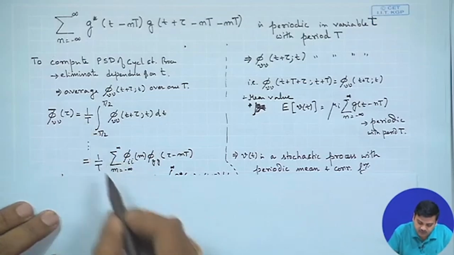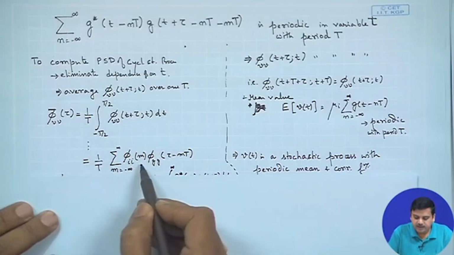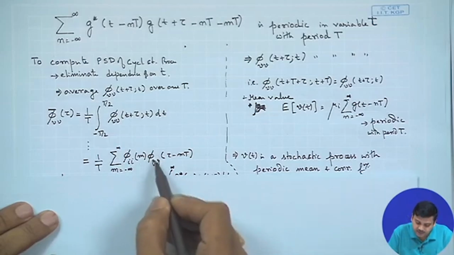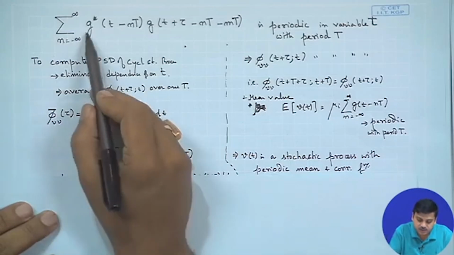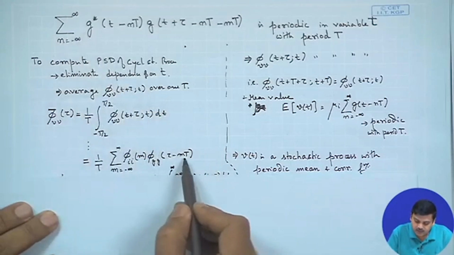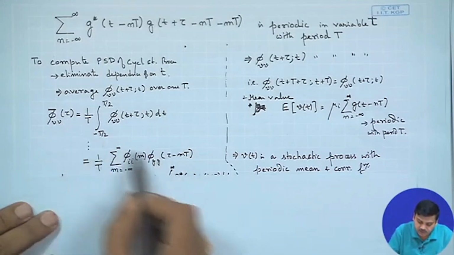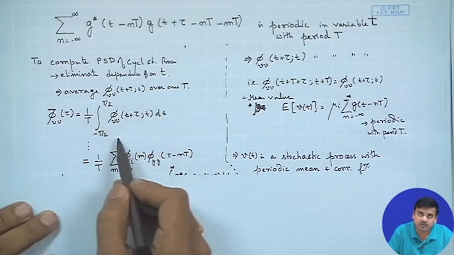we would have it as 1 upon T, and phi_I of m would remain phi_I of m, and you are going to get phi_gg, which is the autocorrelation of the pulse, g, at tau minus m times capital T. So, this is no longer a function of t, because t has been integrated out from this expression.